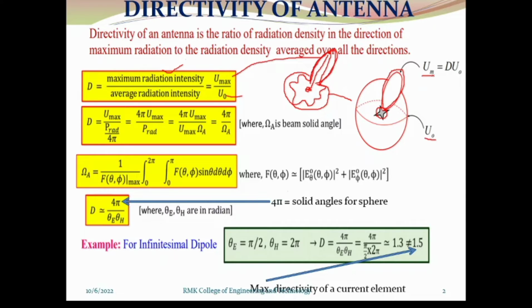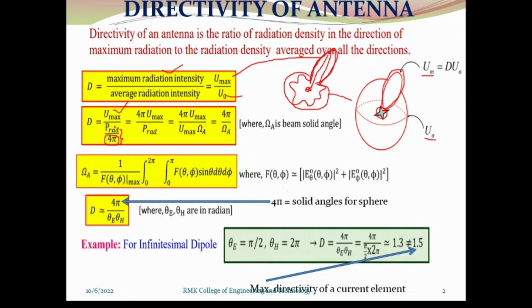The maximum radiation intensity occurs only in this particular direction, right? That is called directivity. Now again we can write the directivity is equal to the maximum radiation intensity by the average radiation intensity. The formula is power radiated by 4 pi. The 4 pi is because it is the spherical coordinate system, so we have 4 pi solid angle.